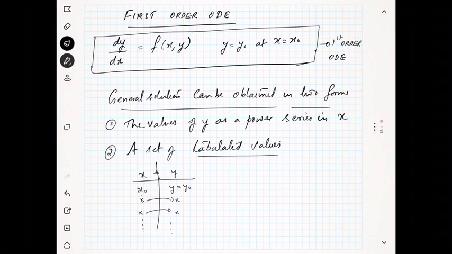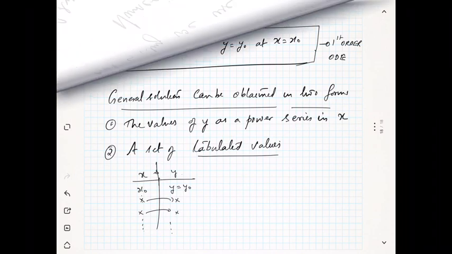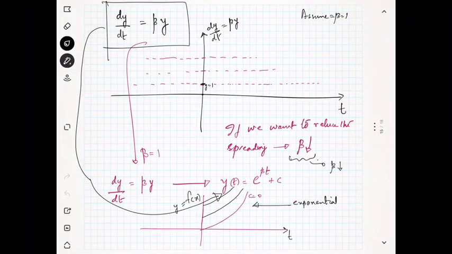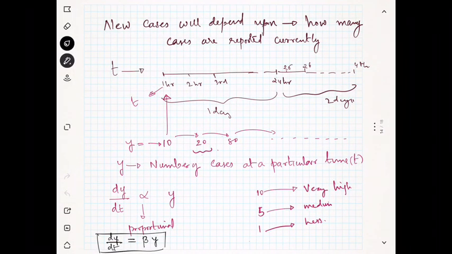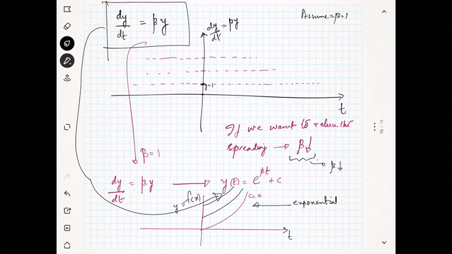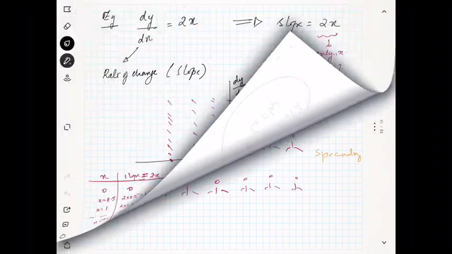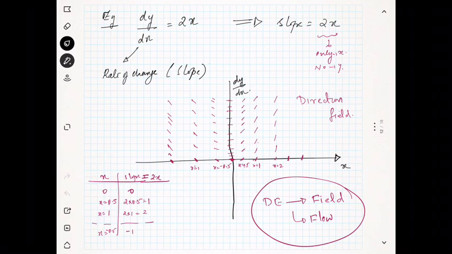However, the power series and similar forms you can get as in the previous examples. You can see here, for example, y of t is equal to e power beta t. This is a power series form. Similarly, you have seen the solution of this differential equation, y equal to x square plus c.